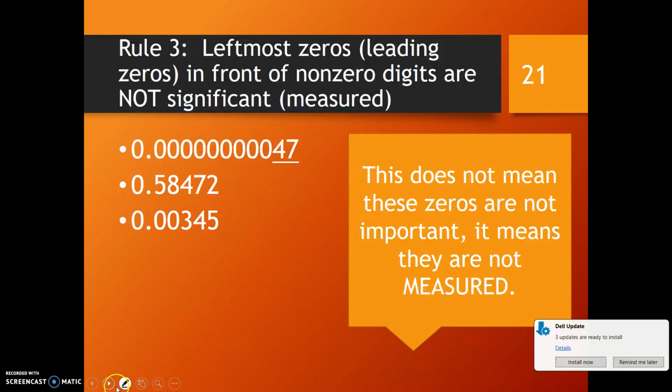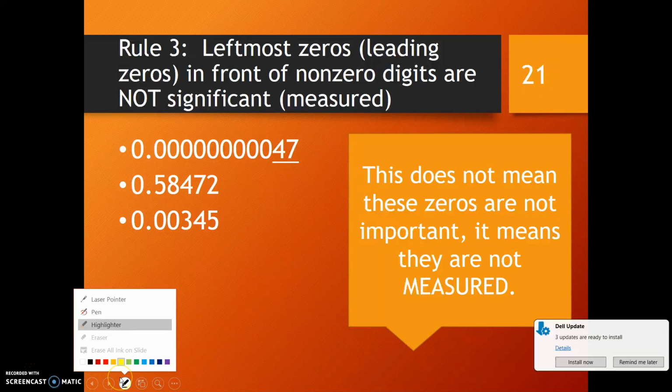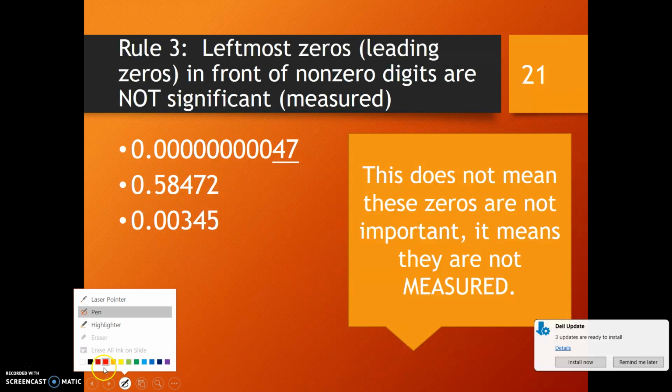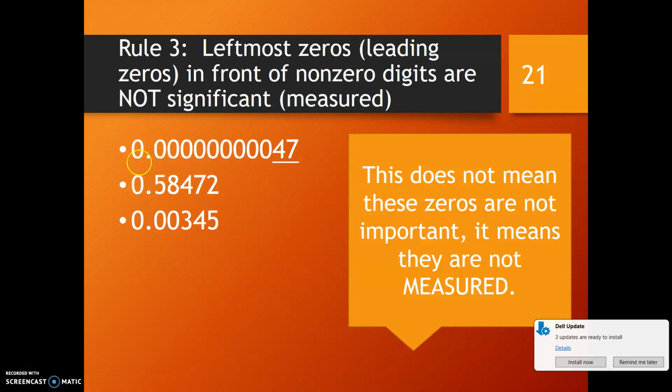And so all of the zeros that are after the decimal but before the first non-zero number are not considered to be measured. So none of these are counting as measured numbers, and the 4 and the 7 are.